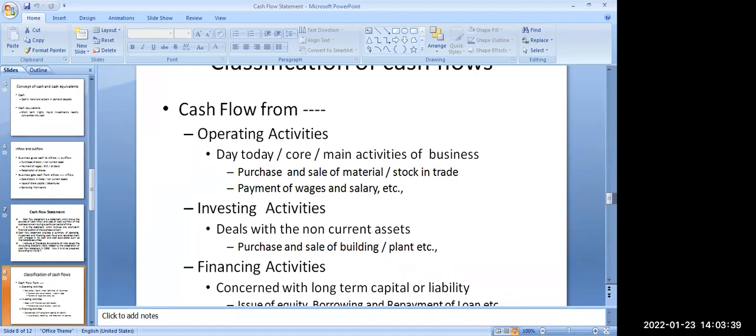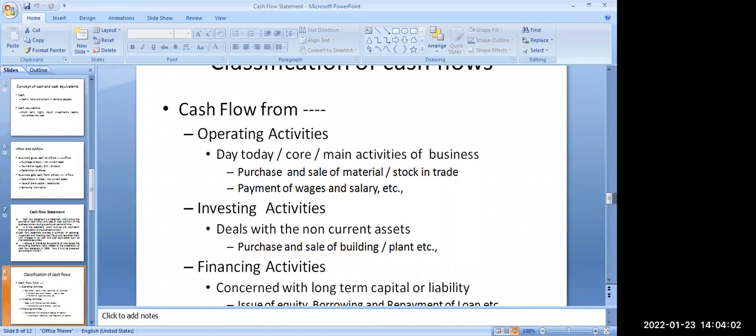So all these things can be categorized into 3 major headings. Any activity of a business will be grouped under one of these: operating activity, investing activity, or financing activity. What do these 3 activities mean to us?